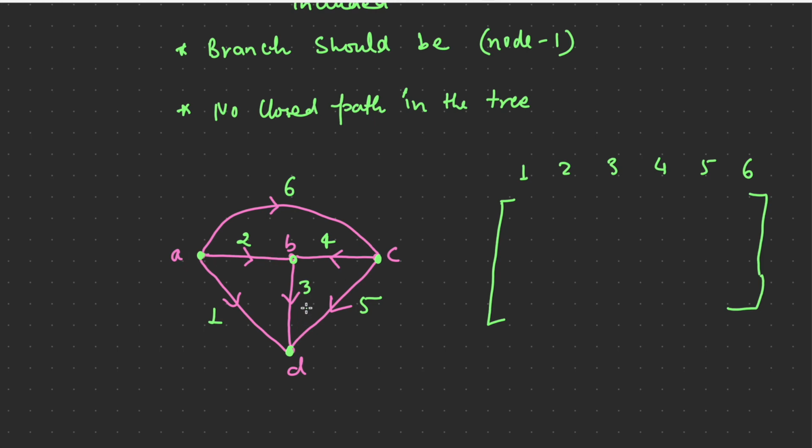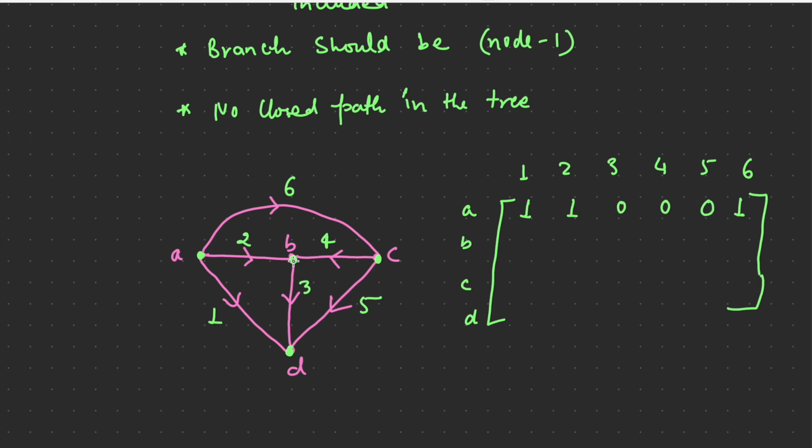And we have 4 nodes for the given graph: A, B, C, and D. So as we can see, from node A, branches 6, 2, and 1, all 3 branches are leaving. So as per rule, we should write positive 1 for branches 1, 2, and 6. Here we can see 1, 2, and 6. We will be writing positive 1, 1 and 1. And the other 3 branches 3, 4 and 5 are not incident on node A. So these values will be 0.